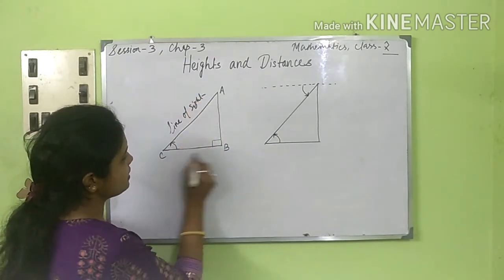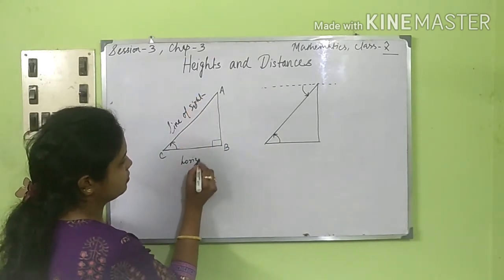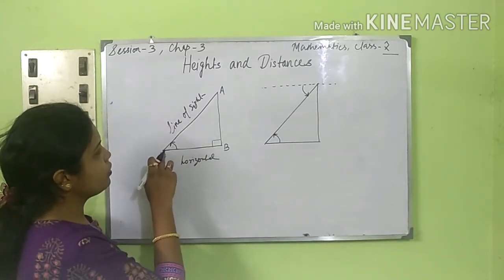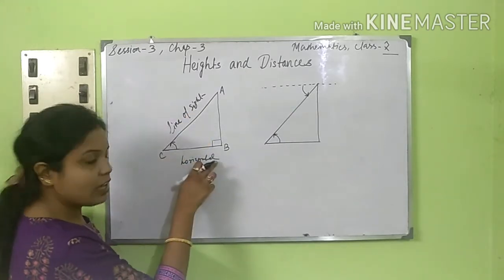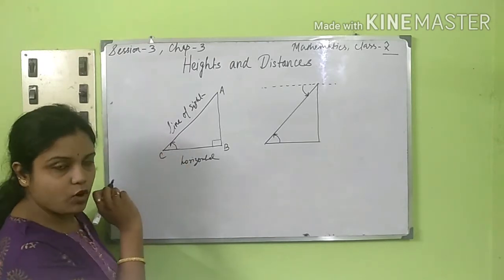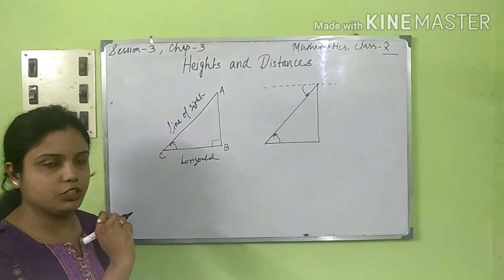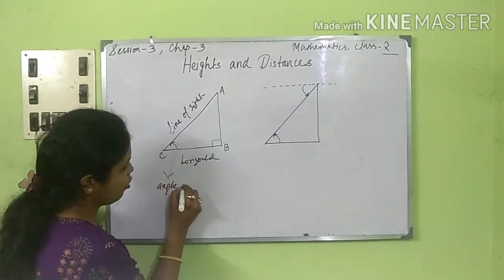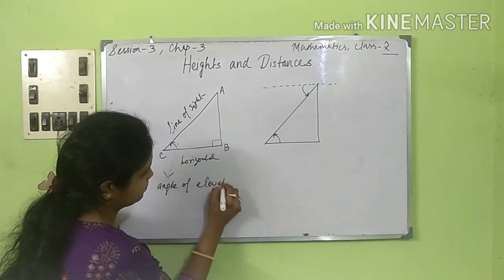And this is the horizontal. The angle made by the line of sight and the horizontal, this particular angle that is formed, is called the angle of elevation. This angle is known as angle of elevation.